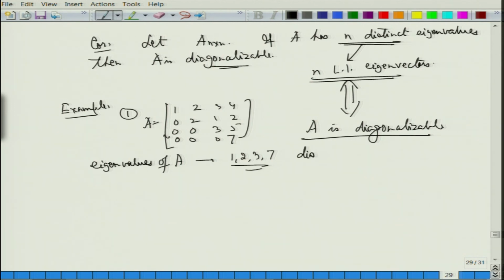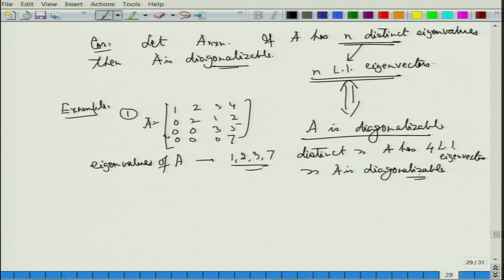These are distinct, which implies A has 4 linearly independent eigenvectors, which implies A is diagonalizable. So, this is the power that we have, that as soon as we know that something is upper triangular and has distinct entries on the diagonal, then that matrix is diagonalizable.